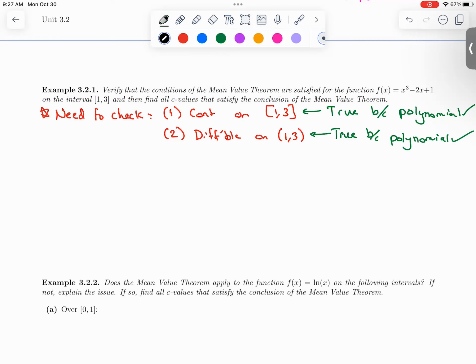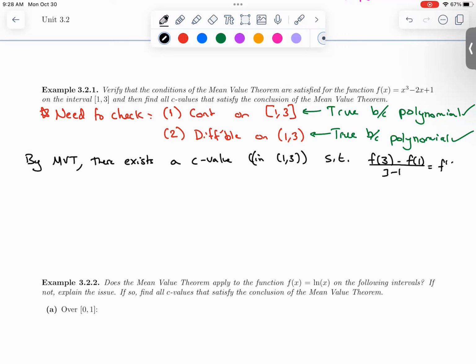So, by the mean value theorem, there exists a c value in (1, 3), by the way, such that f of 3 minus f of 1 divided by 3 minus 1 is equal to f prime of c. The mean value theorem states.